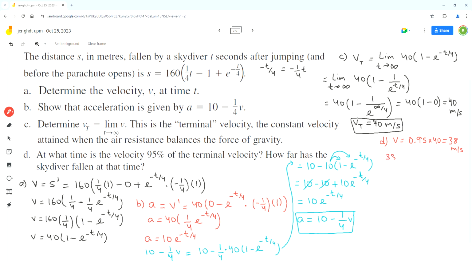So 38 equals 40 and then 1 minus. Now we have to solve for time, so we can move the e term to the denominator and make the exponent positive. Now we can divide both sides by 40. So the 40s on the right side will get cancelled out, and 38 divided by 40 is equal to 0.95.